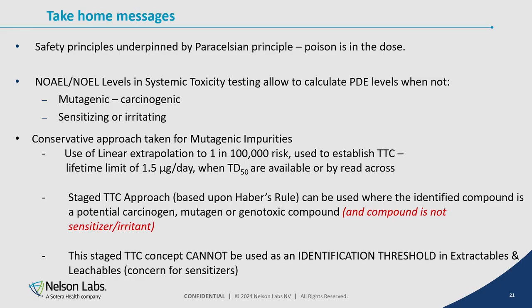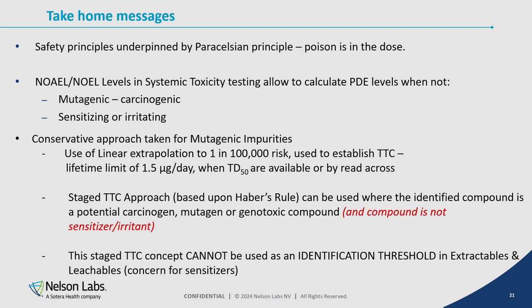Then take-home messages. The dose is the poison. That's a given. The NOAEL levels in systemic toxicity studies you can take for a PDE only if it's not mutagenic, carcinogenic, sensitizing, or irritating. Conservative approach is taken for mutagenic impurities, but if it's mutagenic, it's not a disaster yet.